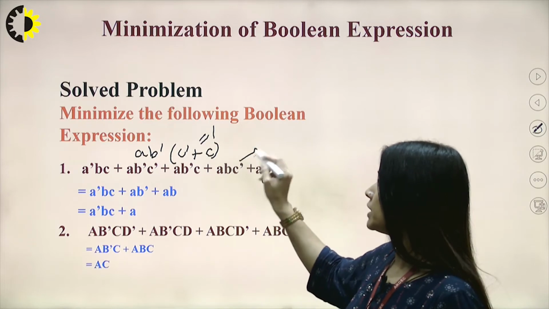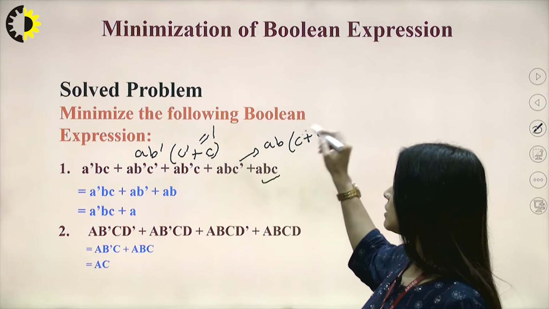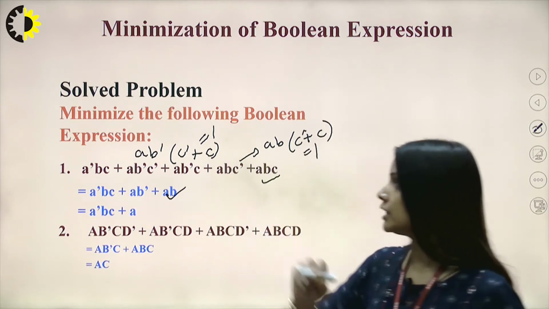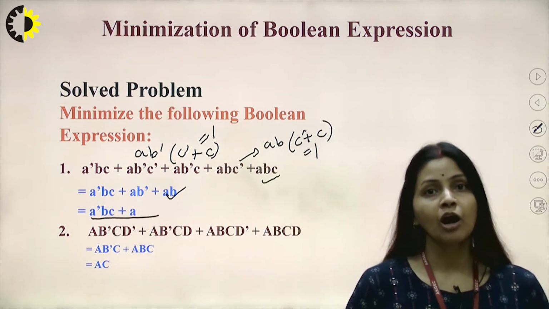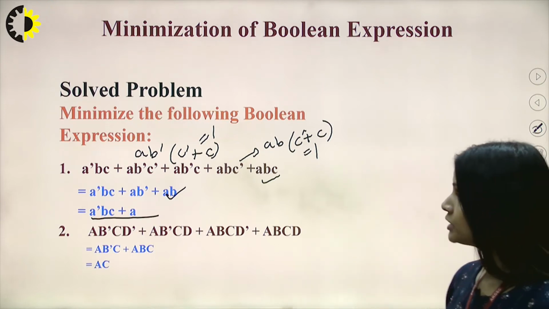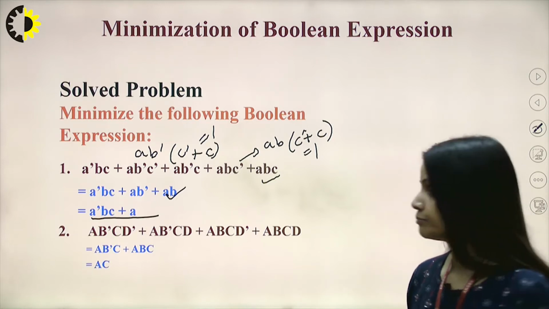Similarly, here we can take AB as common, and C plus C bar is equal to 1, and hence we get AB. So like this we can solve. This is an example of how we solve using Boolean algebra, and the expression can be minimized.